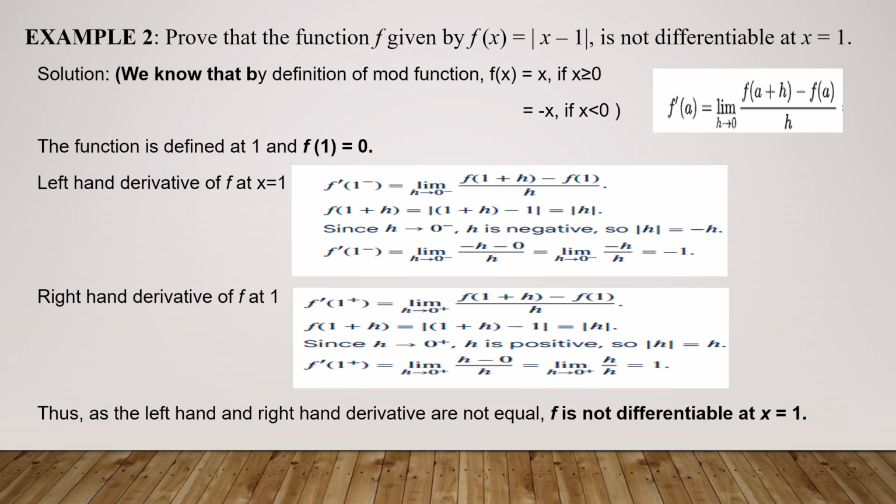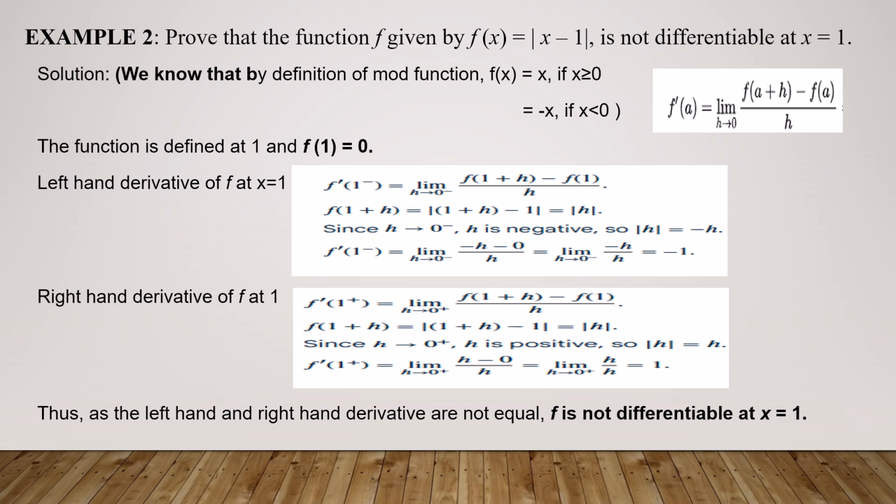Because h is tending to 0 from the left hand side, that means it is a negative value. Now when it is a negative value, by the definition of the mod function, it takes minus h. So now the left hand derivative will be limit h tends to 0 minus of minus h minus f of 1, which is 0, upon h, which is nothing but minus 1.